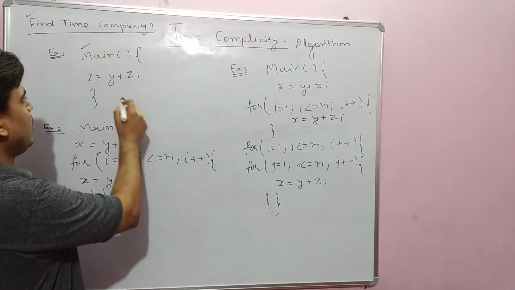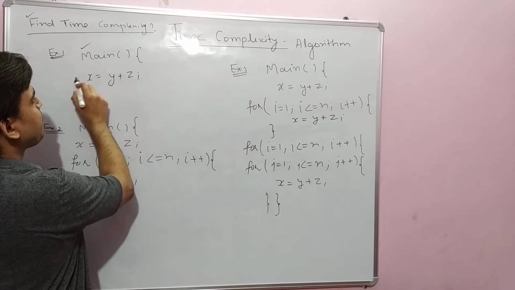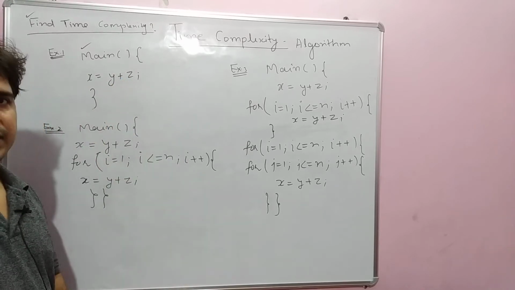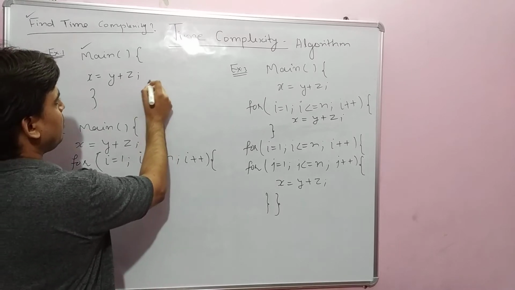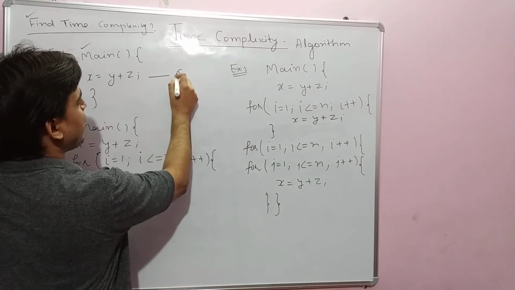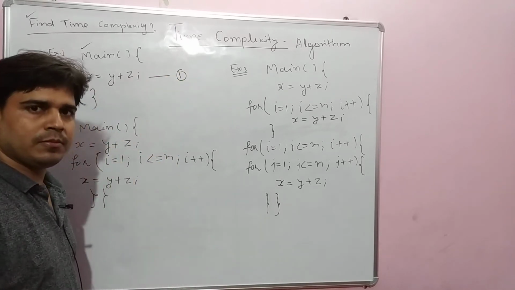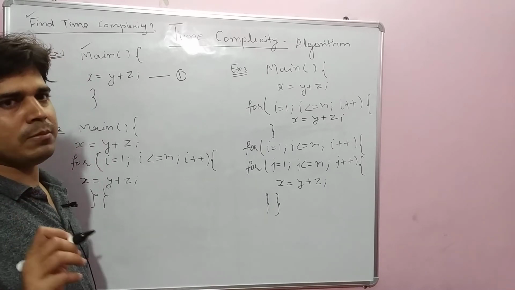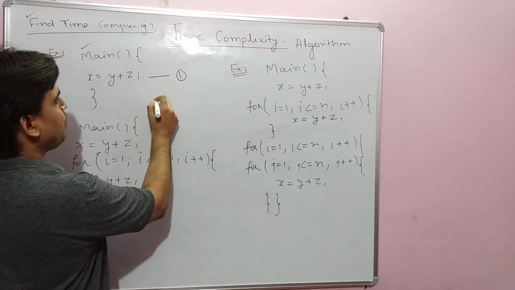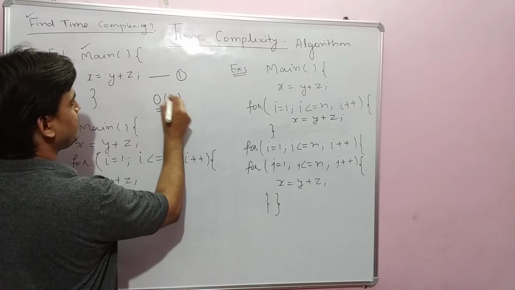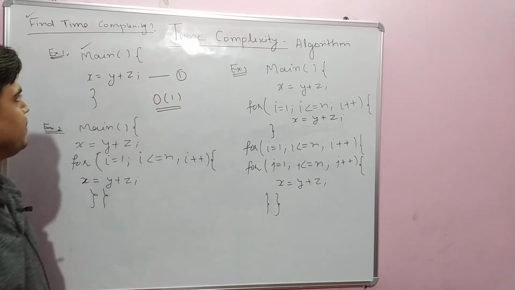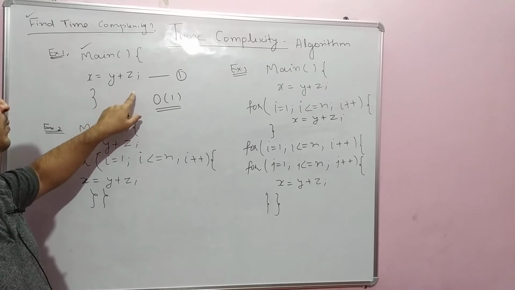It's a normal equation, x equals y plus z, so it will run only one time. So the time complexity would be order of 1, because it will run only a single time.